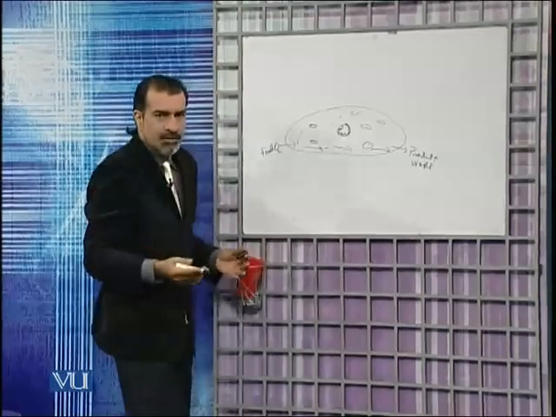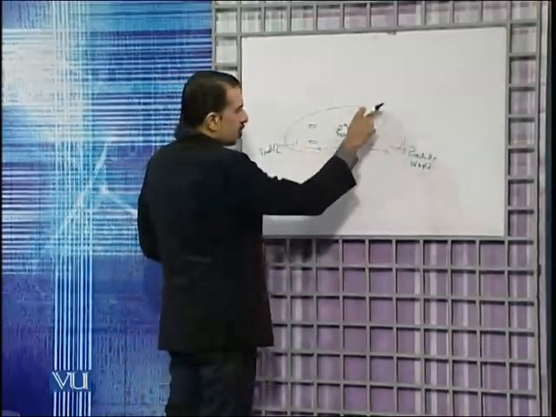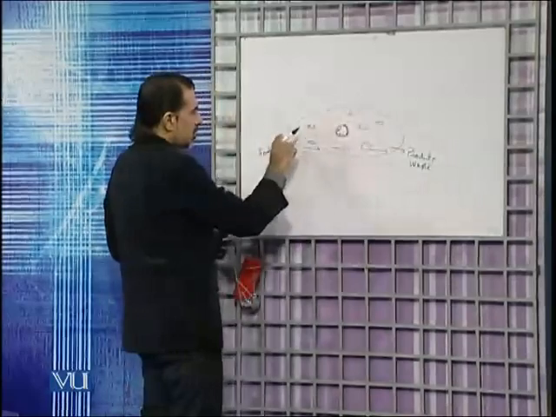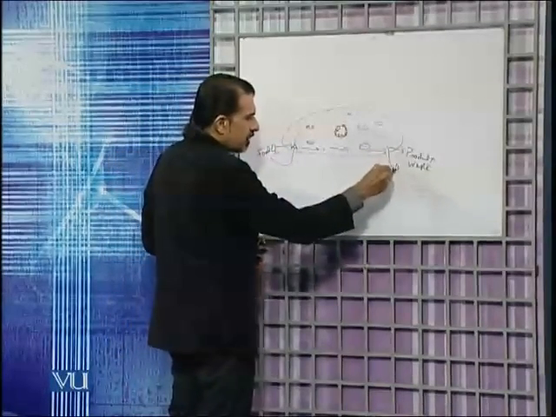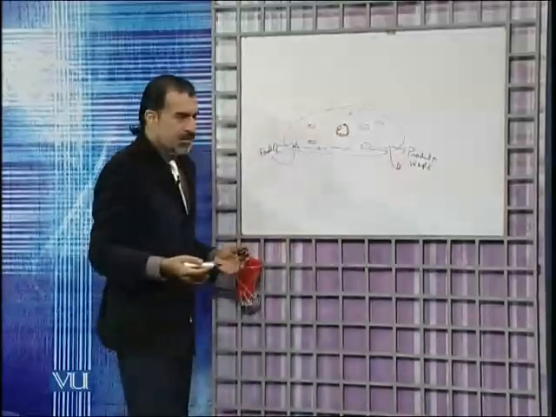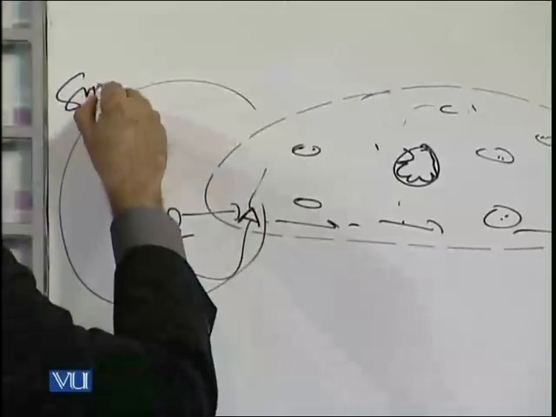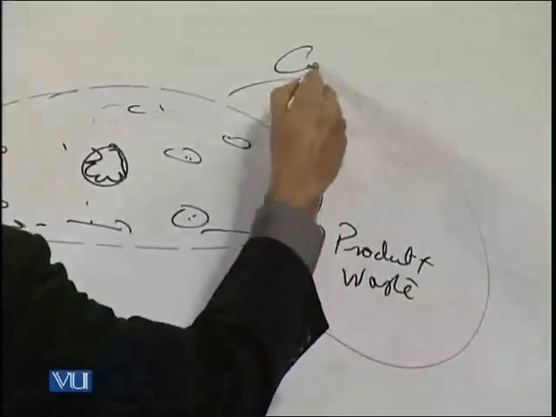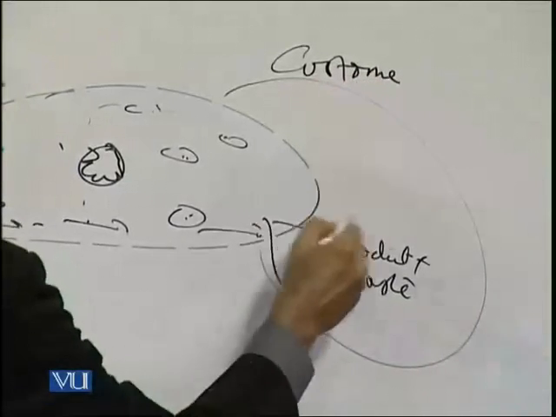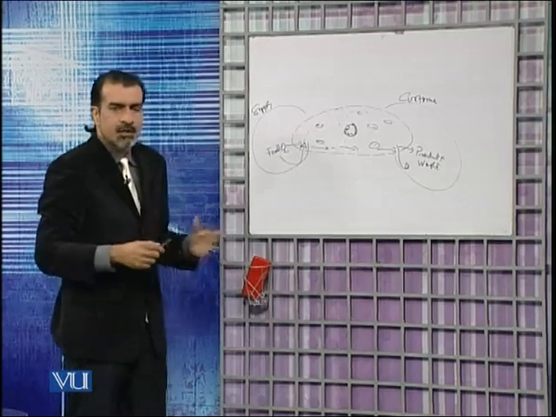And we also identified that this cell membrane or cell wall has pores, openings through which this food and oxygen enter and this product and the waste leave. And we said that this is the supply side of the cell and this is the customer side of the cell, because these products actually go to some other cells. So in this way we said that a cell is very similar to a company.